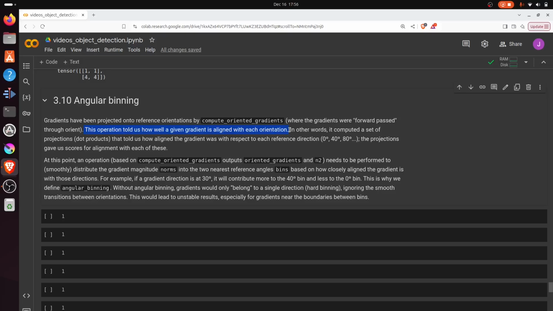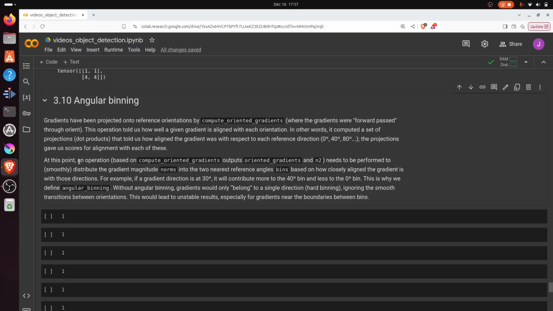So it computed a set of projections that told us how aligned the gradient was with respect to each reference direction. Now, what is next after having these oriented gradients and the squared magnitudes?